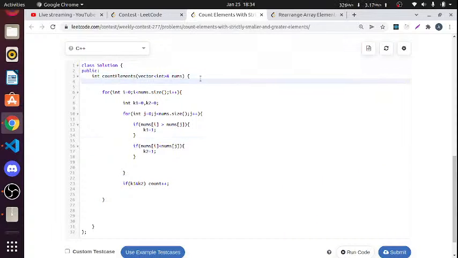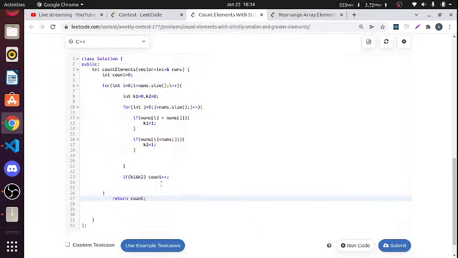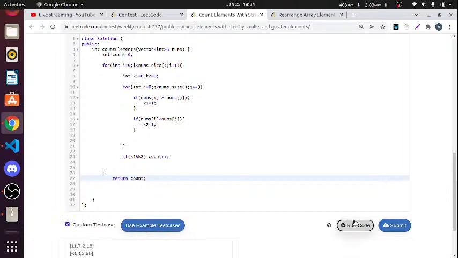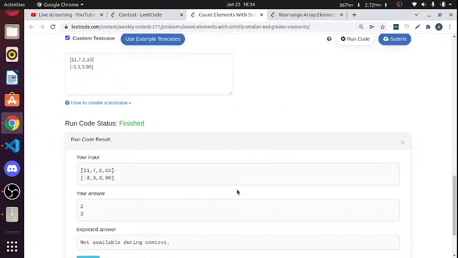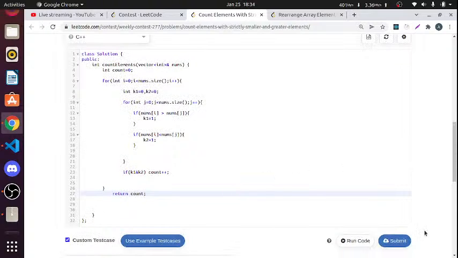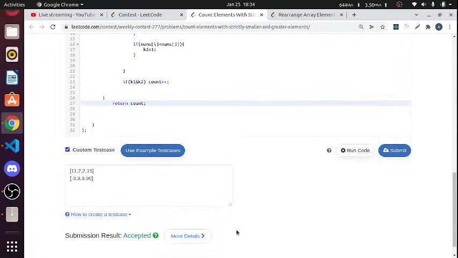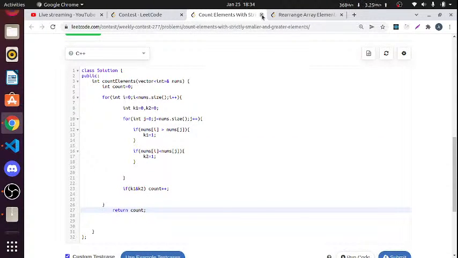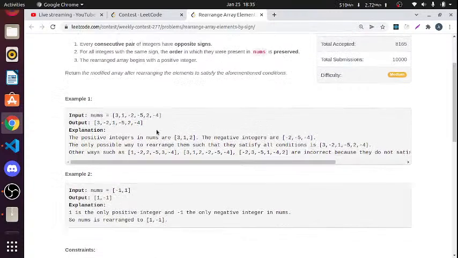Initialize count to 0 first, then simply return that value. I know it is not optimized, but the constraints are very small, no need for that. Let's check it here. The answer is 2 and I think it should be 2, so let's submit that. Yeah, it has been submitted. Let's go to the next problem.